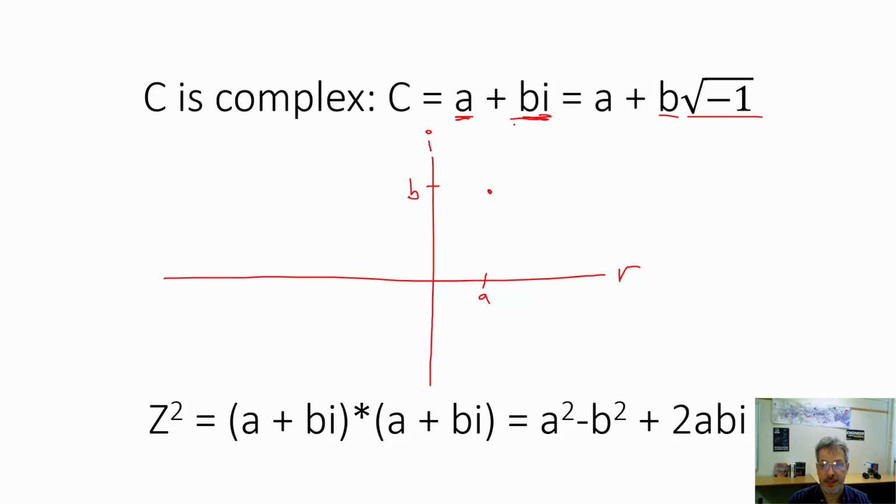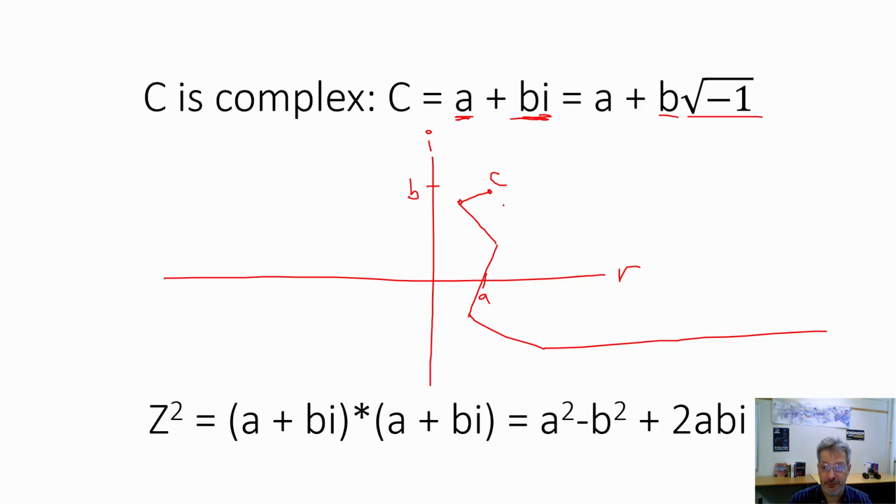If we think in terms of the Mandelbrot set, this is our starting value C, and we apply the recurrence relationship, which gives us a new number. So it jumps somewhere else in the plane, and then it jumps somewhere else again, and it may head off eventually to infinity, in which case it's not part of the set.